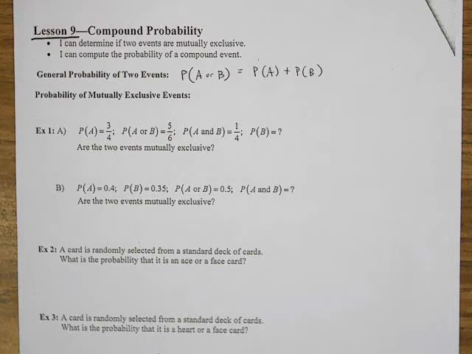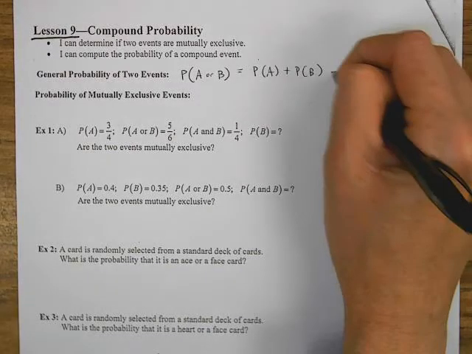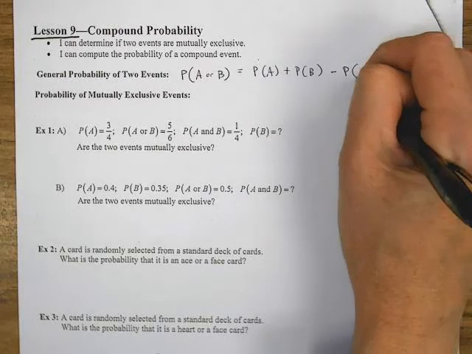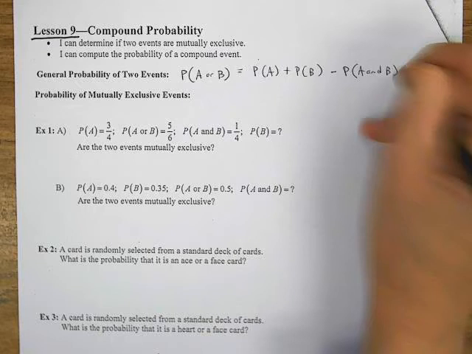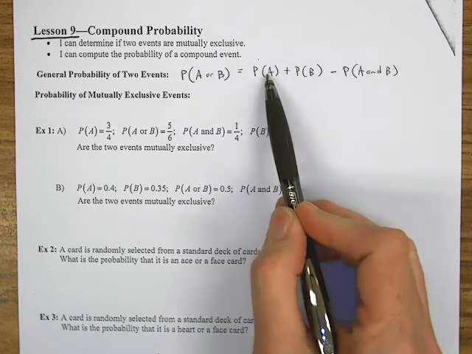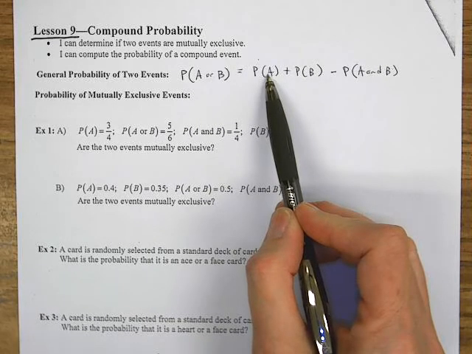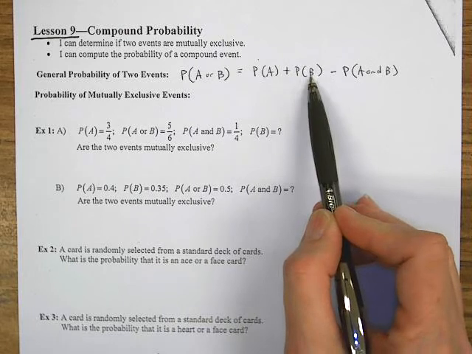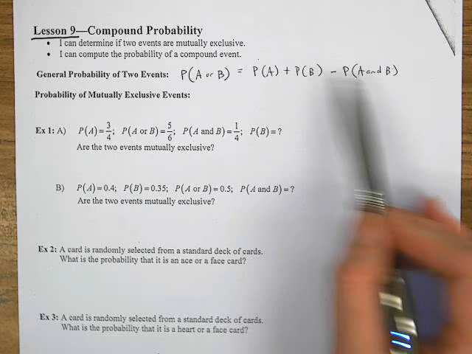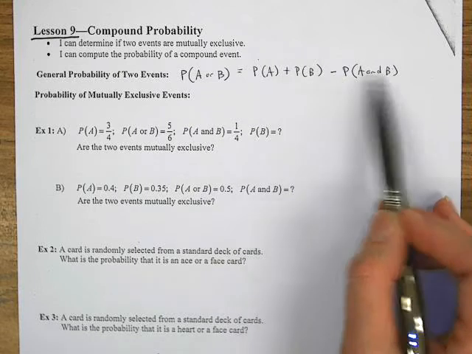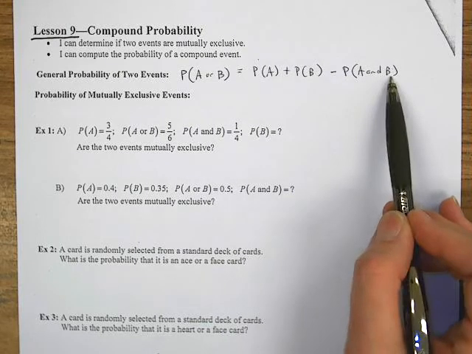So much like we have in the Venn diagram, we're going to subtract the probability that both A and B occur because we've counted it twice. We've counted it in calculating the probability of A, and we've calculated it in calculating the probability of B. So because we count it twice, we remove the probability that both A and B occur.